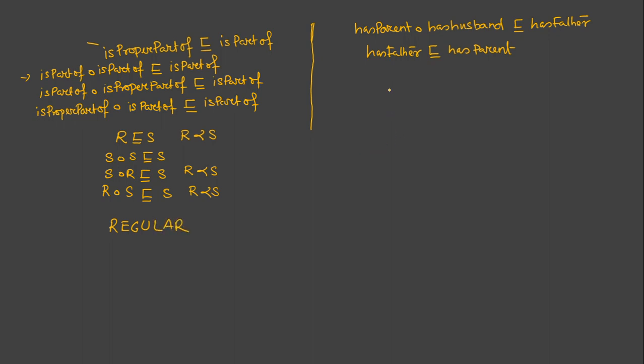Now coming to here, let us replace has parent with, say, R, and has husband with S, right? And we have something like, say, this to be V, and it is violating from the very first place, as it is not following the allowed two forms, right? The allowed two forms were R compose S to R, and S compose R to R. But these are not being followed. So we have three different role names in three different places, right?